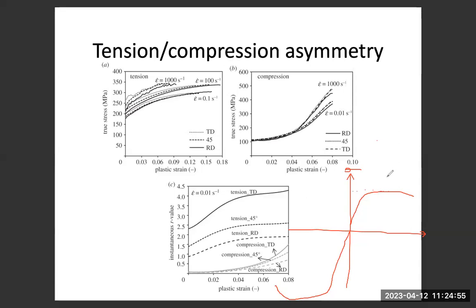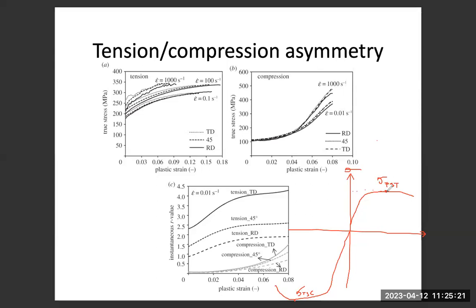So this is sigma UTS under tension and sigma UTS under compression. This one is greater than this one.